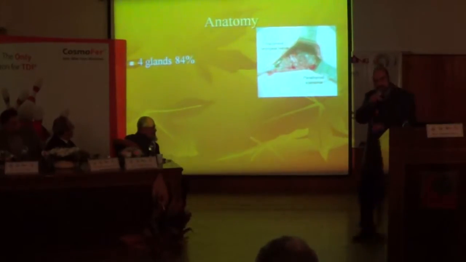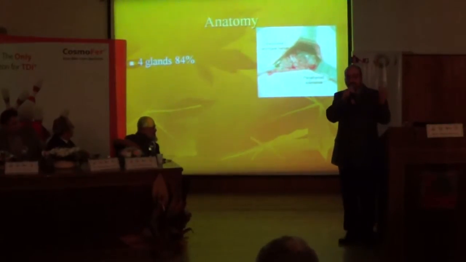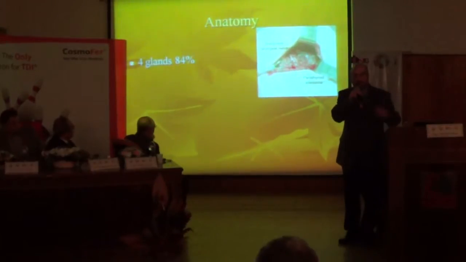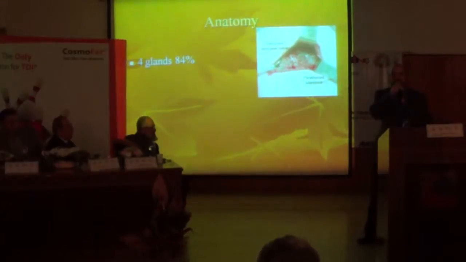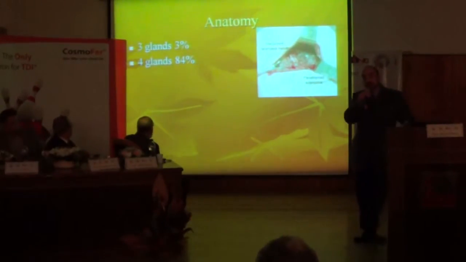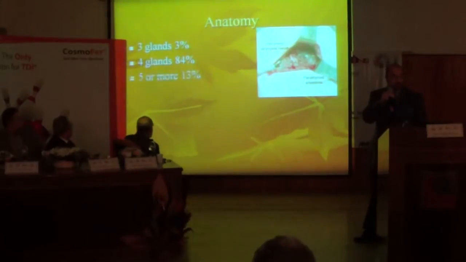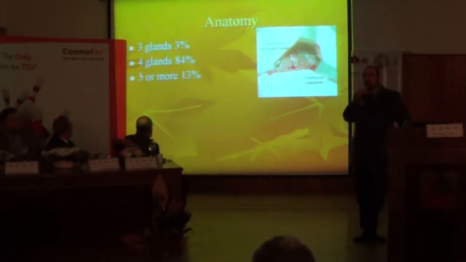The standard anatomy tells us, in the standard textbook, there are 4 glands. Is it right? No. It's 84%, which means it's not 100%. It could be 3, in 3%. We have seen it a lot. Could be 5 or more, especially in renal failure patients.